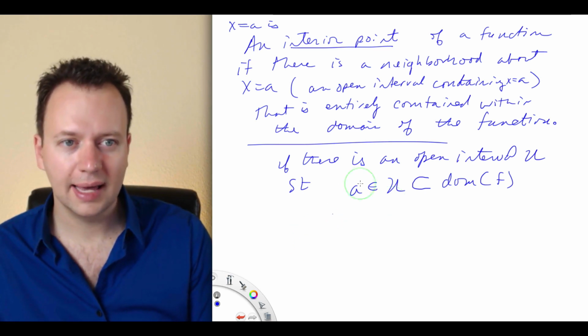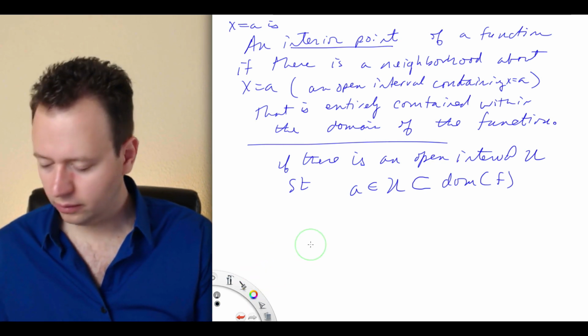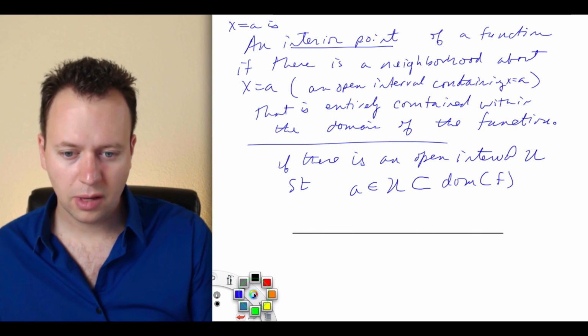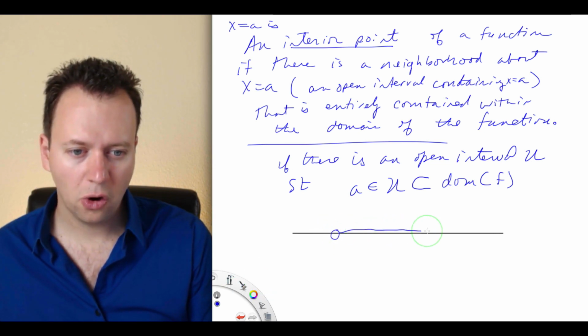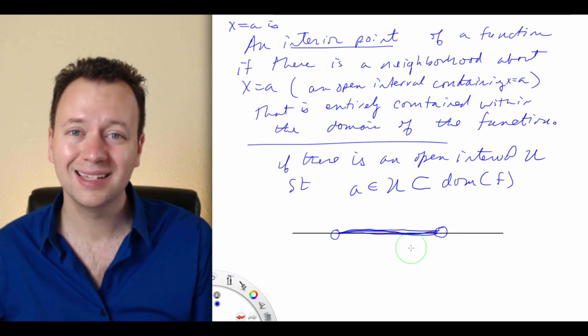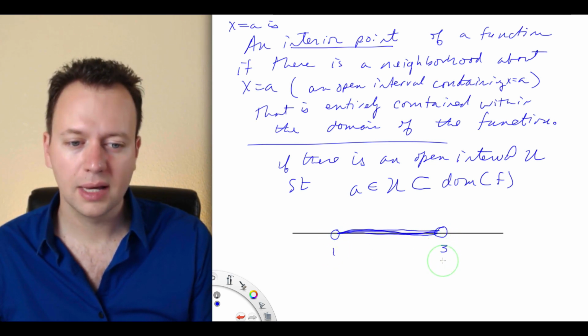So let's do an example. So we can just really think about the domain. So let's say that we have an open interval on which the domain is defined, from, let's say, 1 to 3.